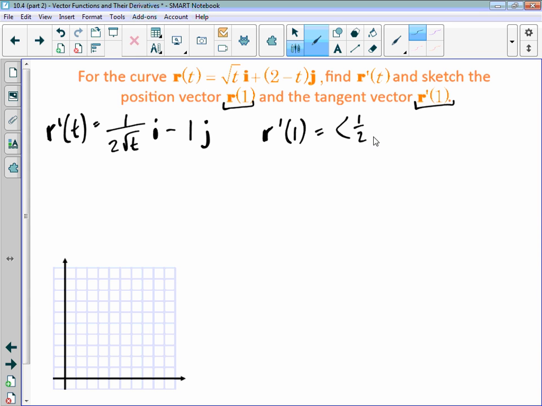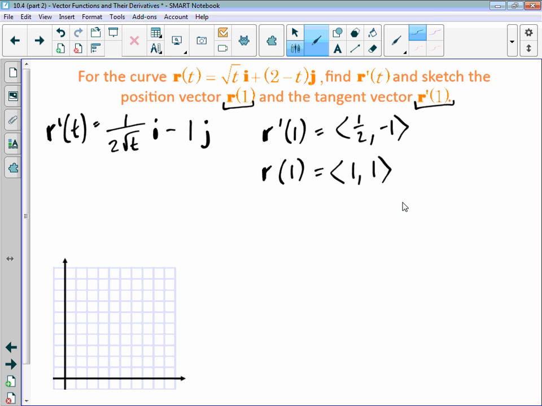One half and then negative 1. Yep. Okay, and then finding what r of 1 is, you're just plugging back into the original piece up there. So that's going to give us 1, 1.